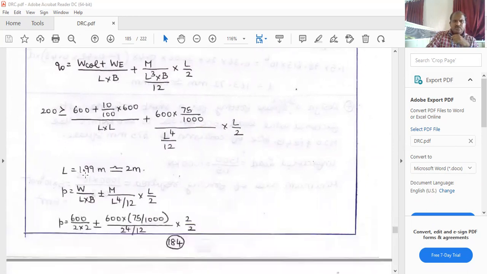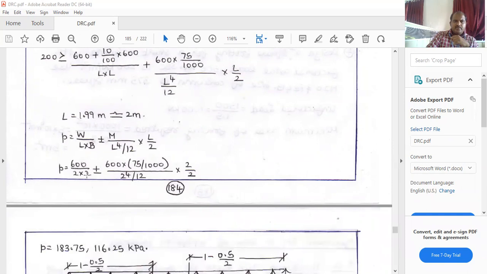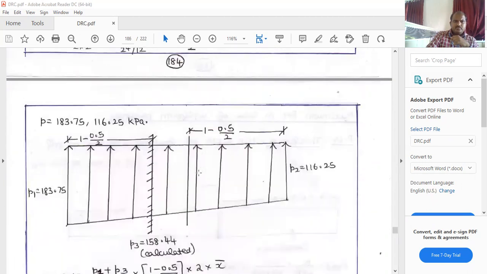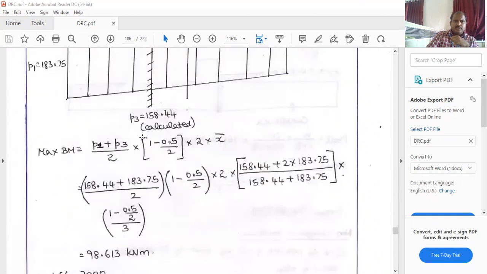So L is nothing but 1.99 meter, say 2 meter, and P equal to W divided by L into B, plus or minus M divided by L power 4 by 12, into L by 2. So P equal to 600 divided by 2 into 2, plus or minus 600 into 75 by 1000, divided by 2 power 4 by 12, into 2 by 2, and P equal to 183.75, 116.25 kilopascal.